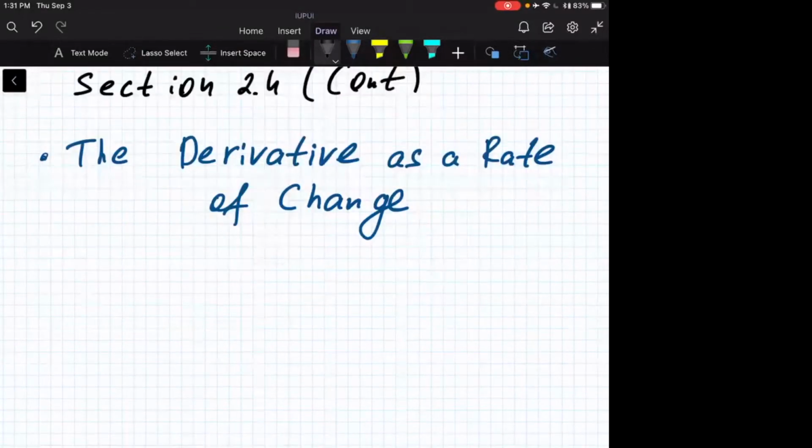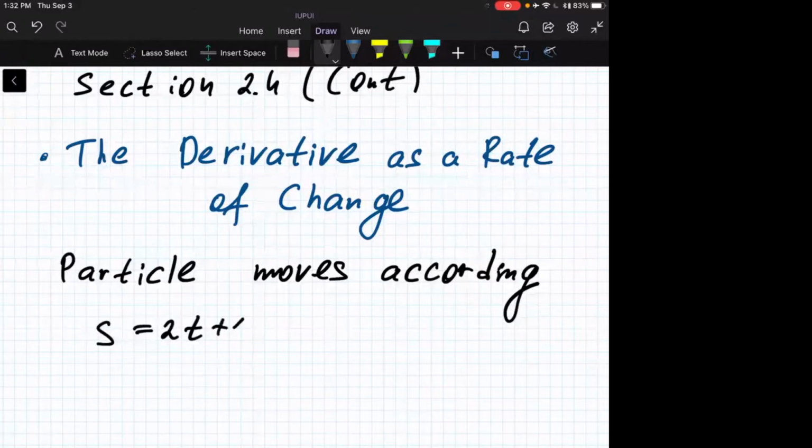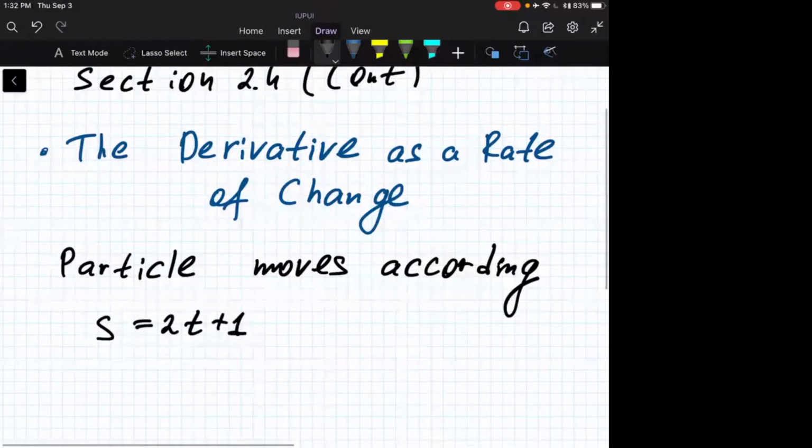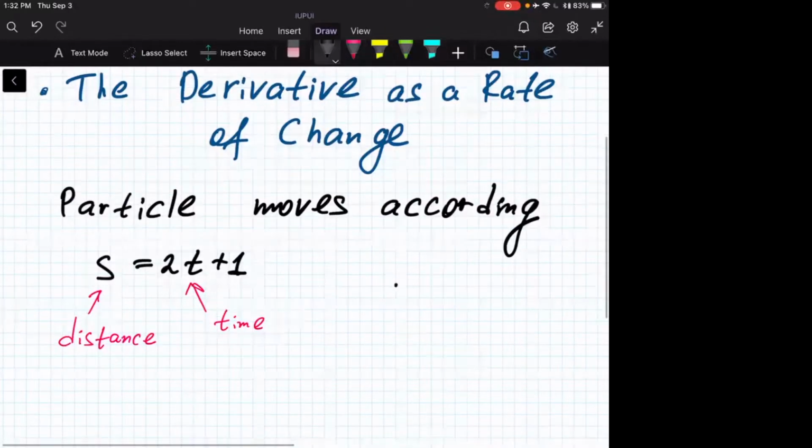a physics application. So suppose you have a particle that moves according to the equation s equals 2t plus 1, where s is a distance and t is time, and we want some constants, of course.